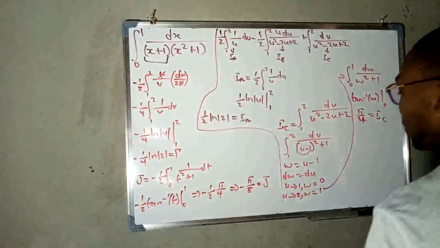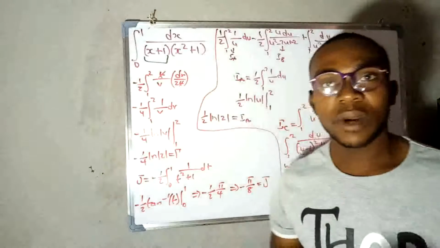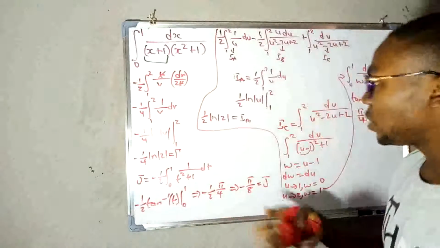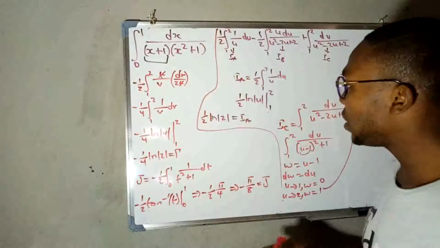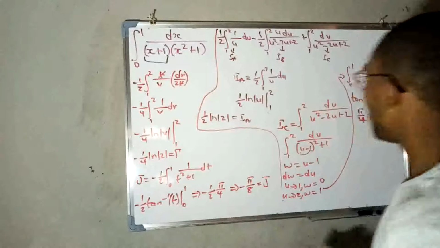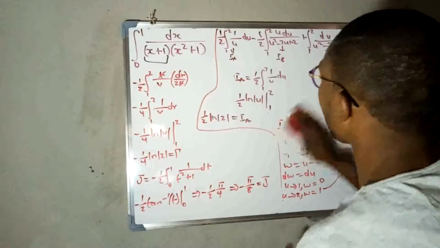Wow, nice one, fellow mathematicians. Now what we have to do next, we are almost done with this. I'm telling you, we're almost done with this. Now we just have to combine everything together. Let's see what we are going to end up with. So let me just clean from this side.